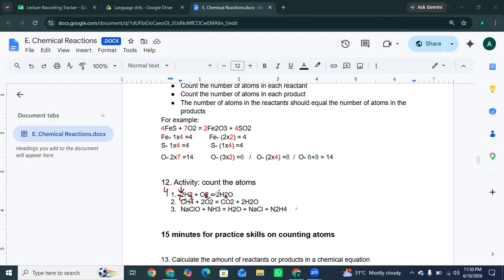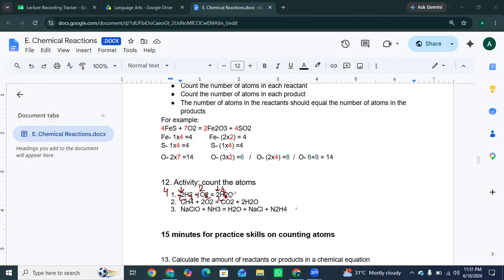Plus O2, on the left side you can see the oxygen doesn't have any big coefficient, so 1 into 2 is 2, which means 4 hydrogen and 2 oxygen. And the next one is 2H2O. This is a big number and this is a small number. So you multiply both, 2 times 2 is 4, and O is lonely.